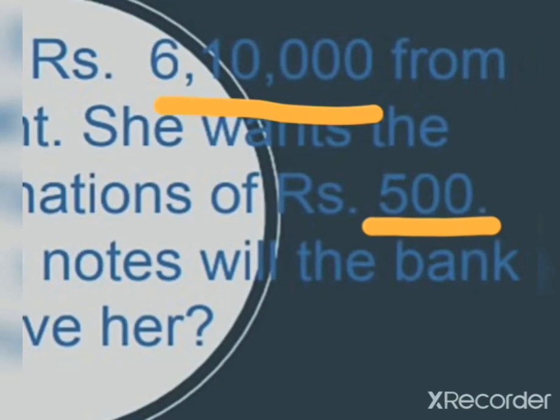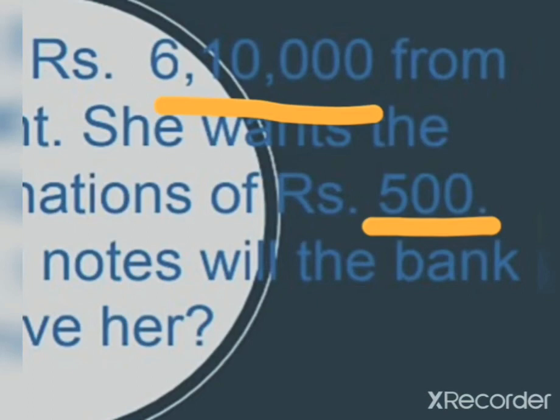So it is saying that 6,10,000 is the total amount, and we should divide this into groups, and each group will contain 500 rupees.